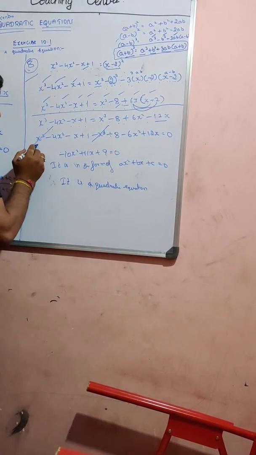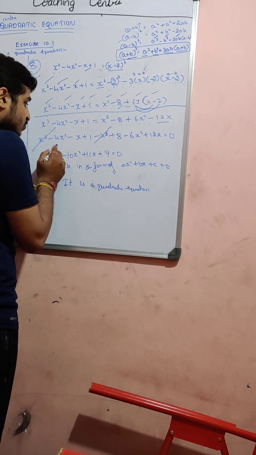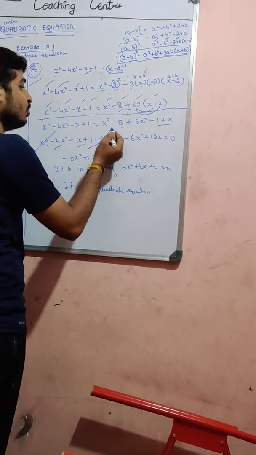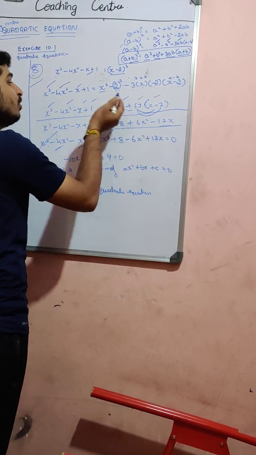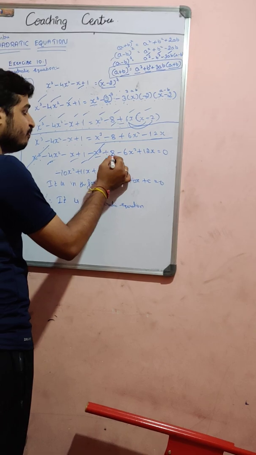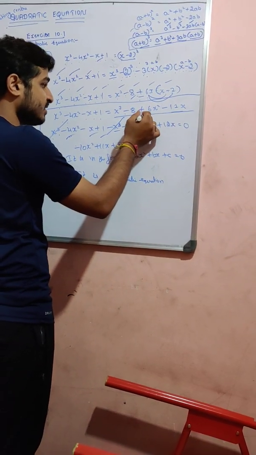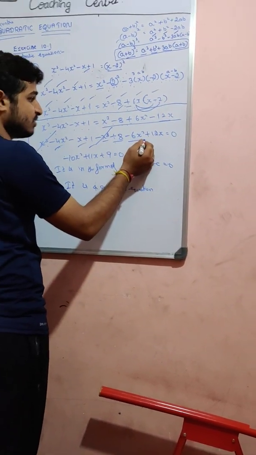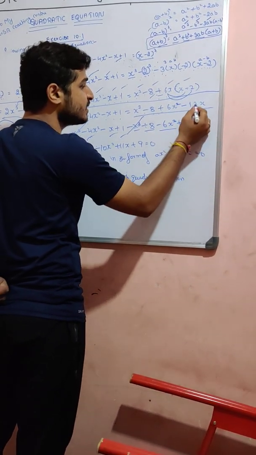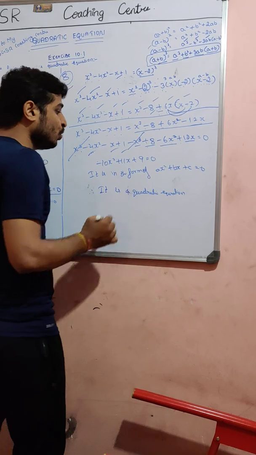So now x cube as it is, minus 4x square as it is, minus x plus 1. So now you are going to shift these values and all towards this. So it becomes minus x cube plus 8. So here minus 6x square. Okay, so plus 12x is equal to 0.